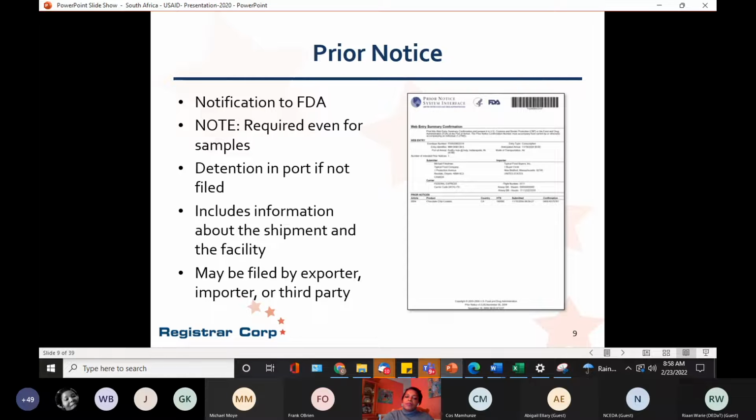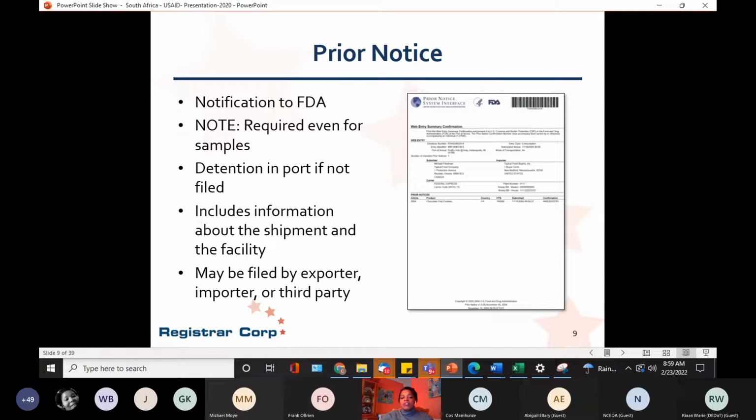Another step that needs to take place after registering, when you're ready to ship your product to the United States, you have to give prior notice. FDA wants to know what is at the port. Why are you sending it? Who is it going to? So it's called prior notice. And often this is filled out by your customs broker, your U.S. importer, could be your freight forwarder, but someone's got to do it. Even the foreign manufacturer can fill out a prior notice.